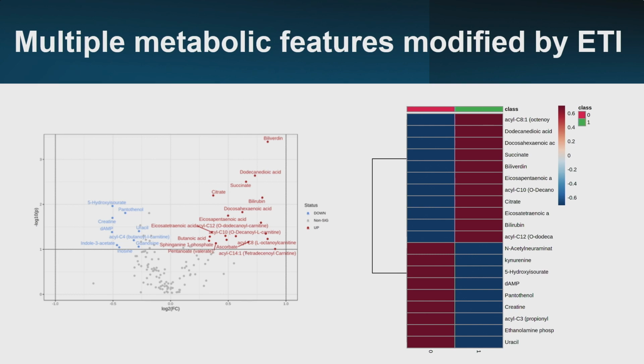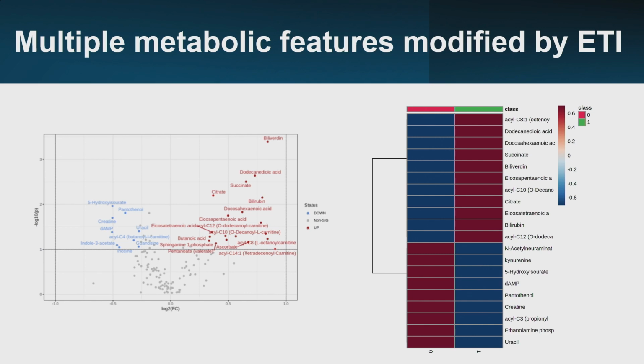So this figure is basically showing the same thing in two different ways, right? It's looking at individual metabolites modified by ETI. On the right is a heat map, and what you can see, to the far right under the green column, are the 20 metabolites most highly differentially expressed after ETI.